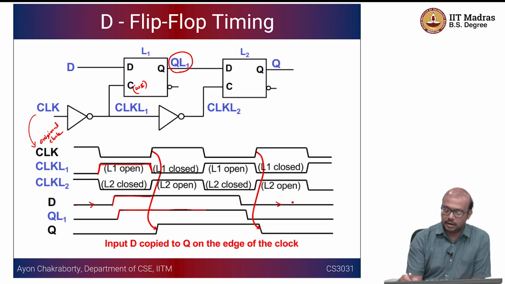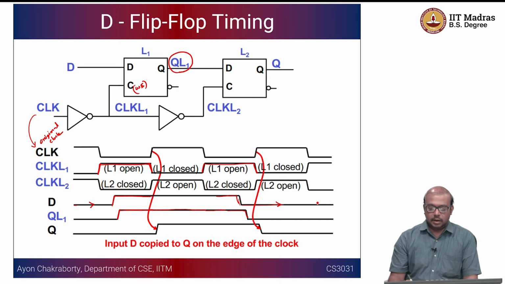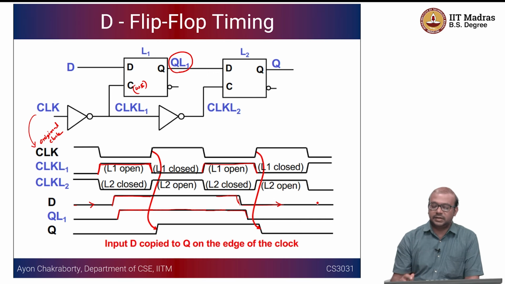Later, L1 is open again, and at that period of time QL1 is copied again, and so on. So the first part is still a level triggered device because it's a D latch.